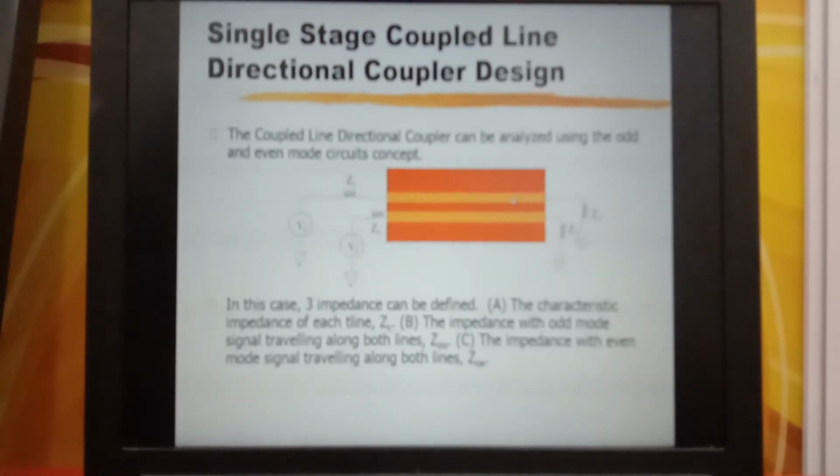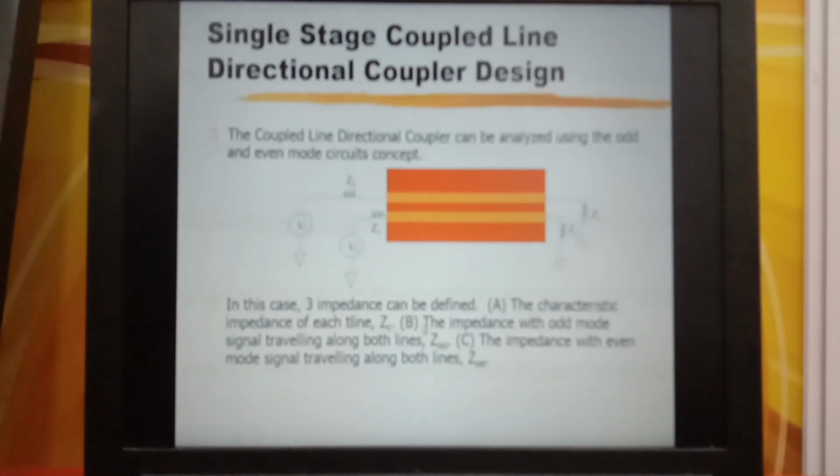The transmission line individually has a certain characteristic impedance ZC. When the pair of transmission lines is fed with odd mode signal, due to the coupling between the two lines, there will be a different characteristic impedance. In other words, the characteristic impedance is affected.